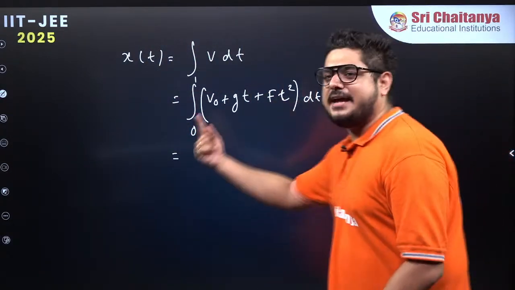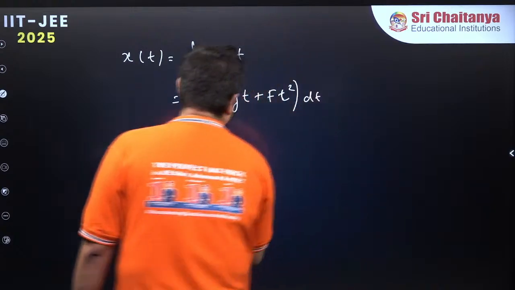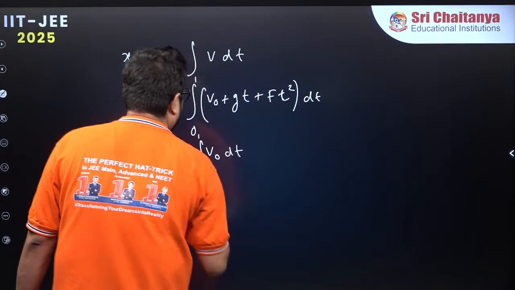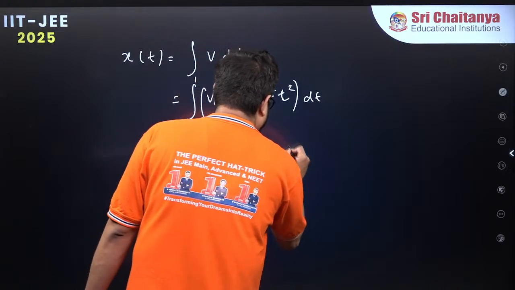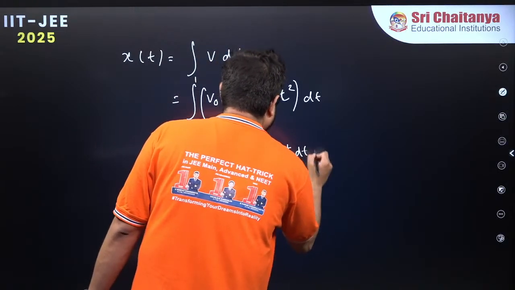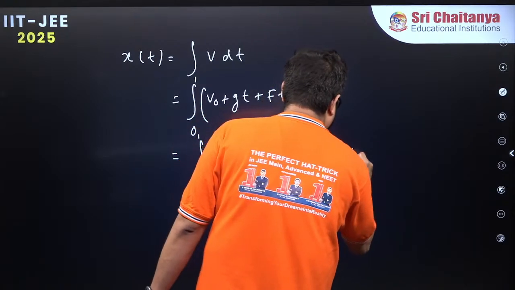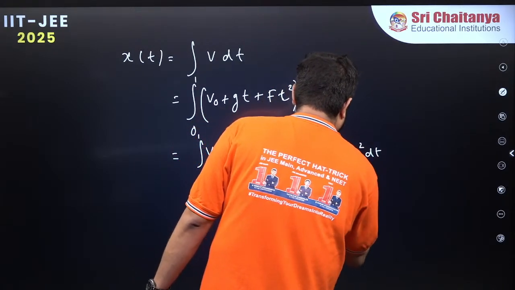So as a result of that, what I am about to get is v naught dt, limit 0 to 1, plus integration of gt dt, limits 0 to 1, plus integral of ft square dt, limits 0 to 1.